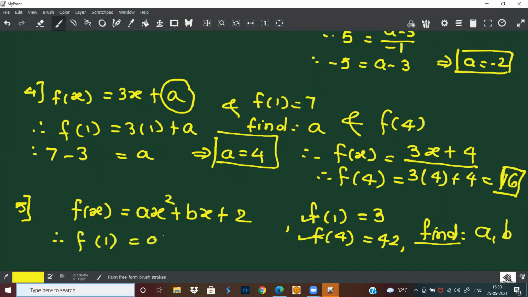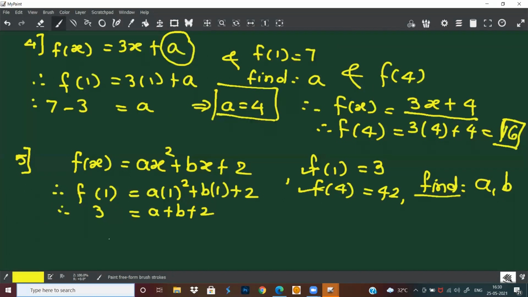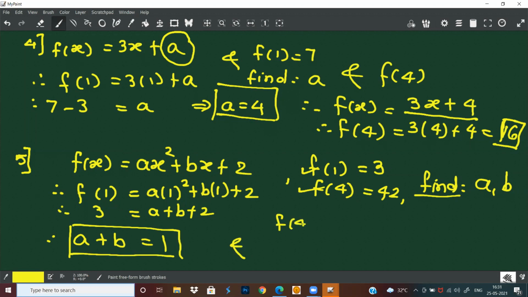Yeah. So now put 1 in place of x. The value of f of 1 is given as 3, so a plus b is 1. This is the first equation. And now let us find f of 4: a into 4 square plus b into 4 plus 2.